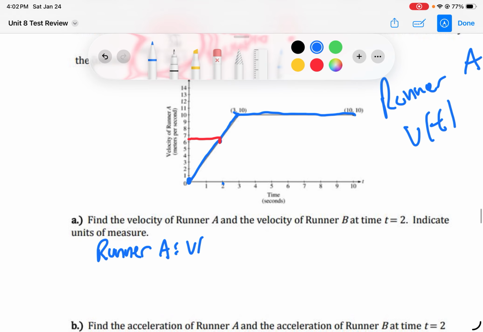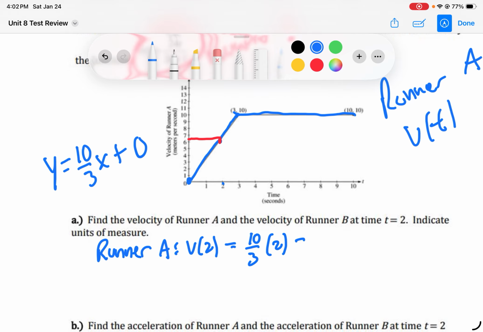All right, so runner A, his velocity at 2 would be equal to, well, what is the function there? What is that line? We can do this. y equals mx plus c, so 10 over 3 x plus 0, because it crosses the origin. So I plug in 2: 10 over 3 times 2, which is 20 over 3.